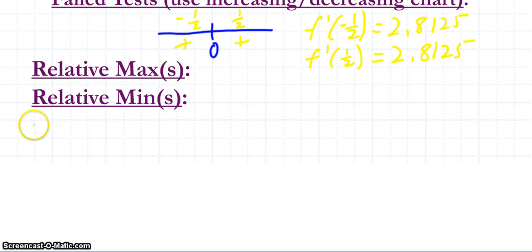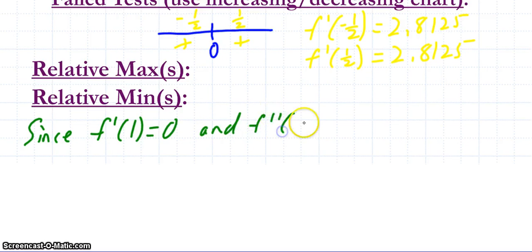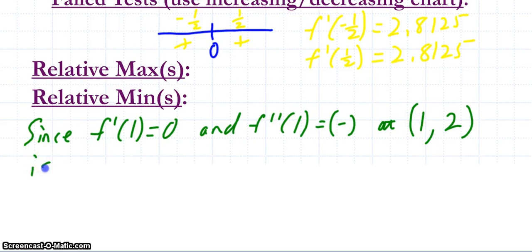So we can say, since f prime of 1 equals 0 and f double prime of 1 is negative, at 1, 2 is a relative max.